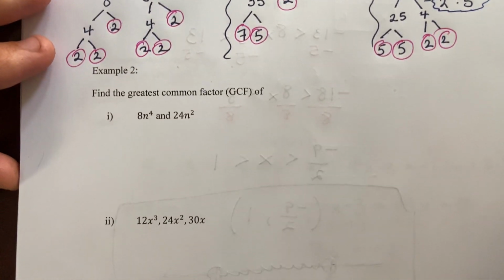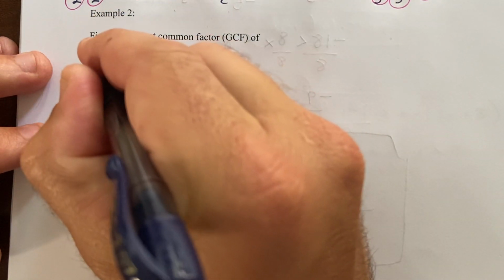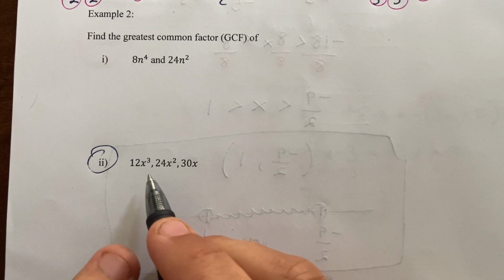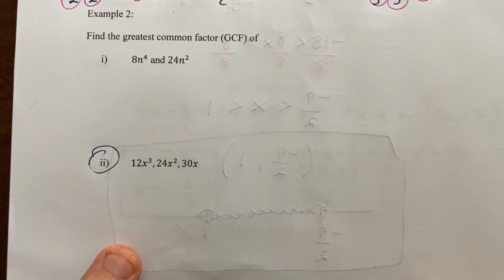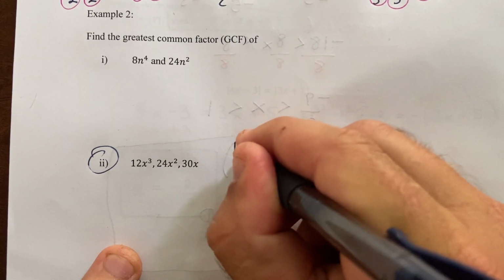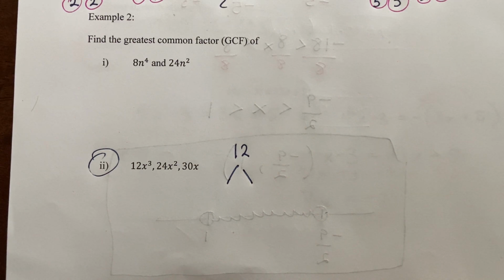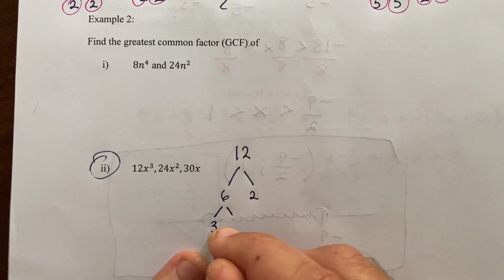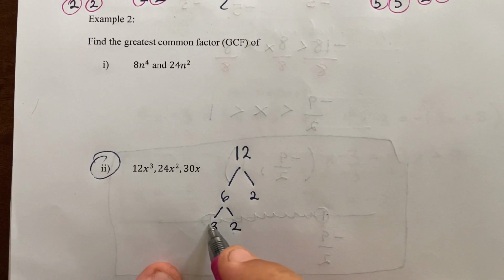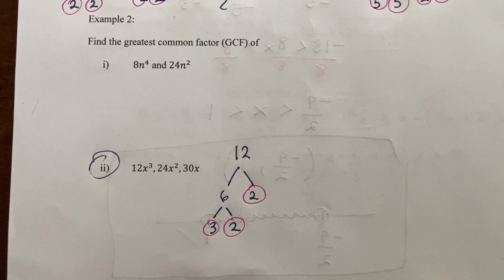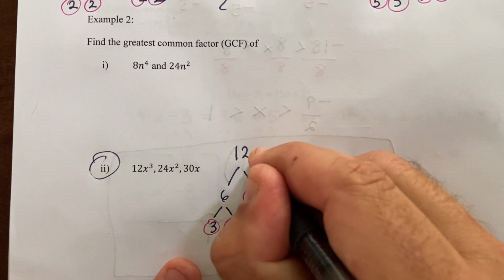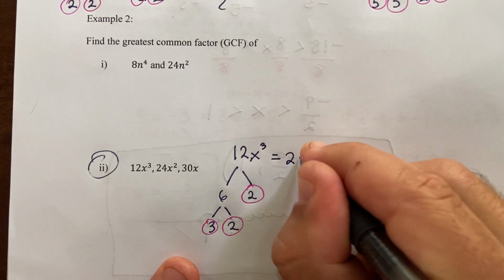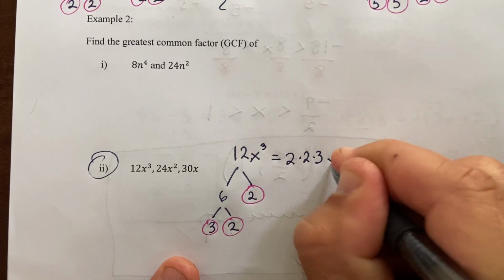What about the GCF of something more algebraic? I'll talk about this one. So the x's are essentially treated like primes already. So I'm thinking, what's the GCF of 12? 6 and 2, 3 and 2. So 12x cubed would be equal to 2 times 2 times 3 times x cubed.